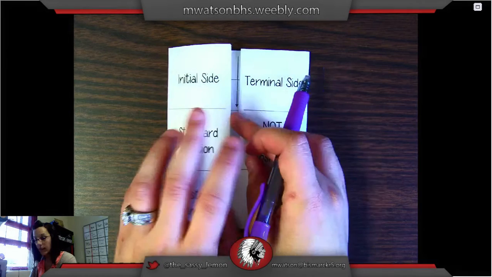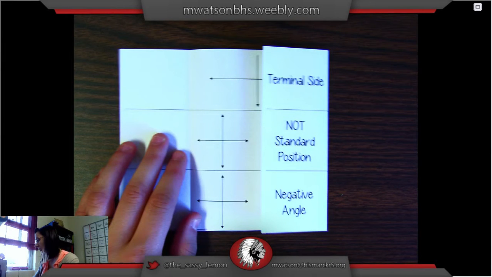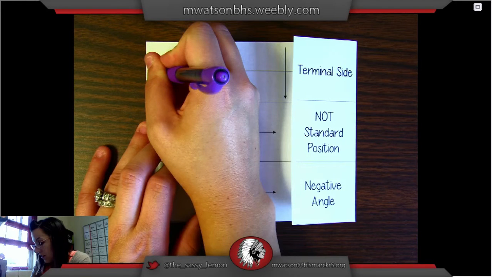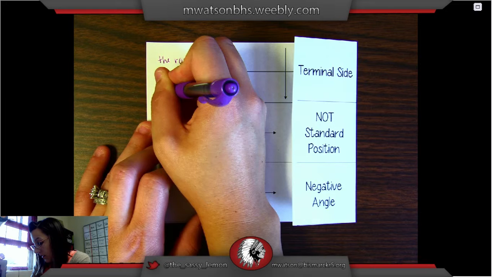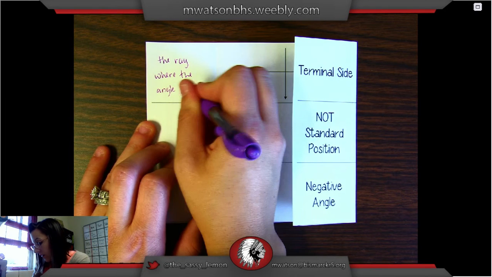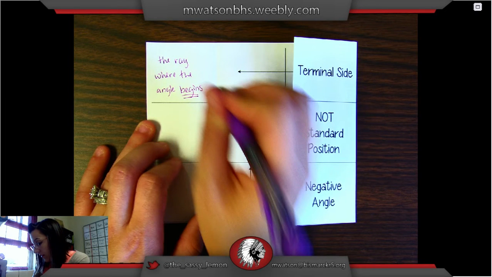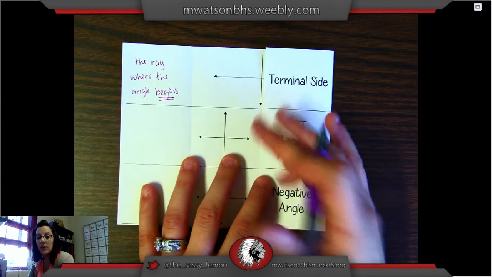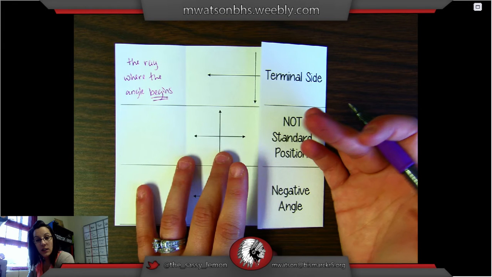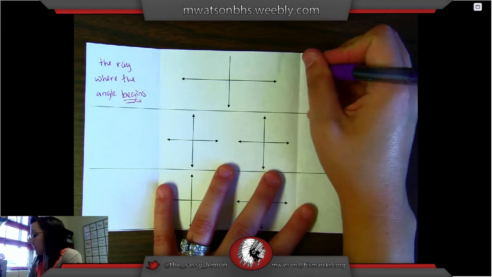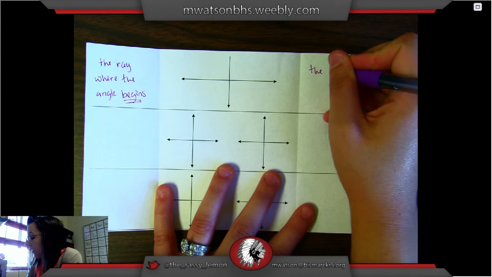So the initial side is the ray where the angle begins. And on the flip side of that, the terminal side, if you can think of, this is a little morbid, but terminal patients, it's the ray where the angle ends. So just like life ends is where the ray ends.